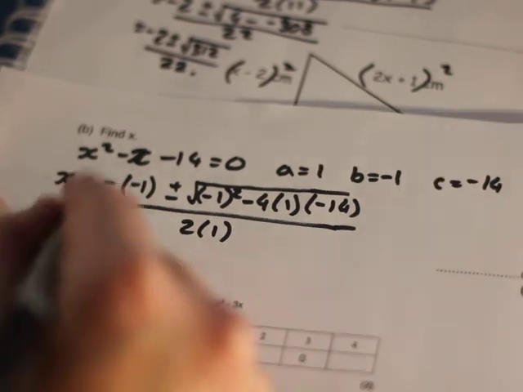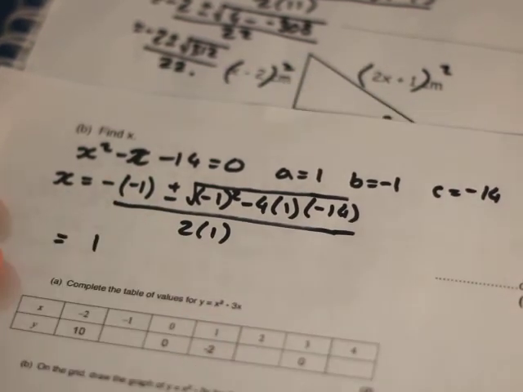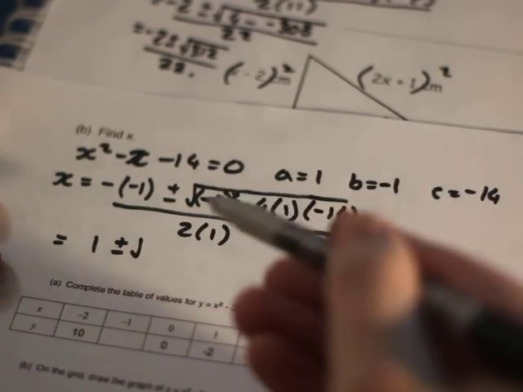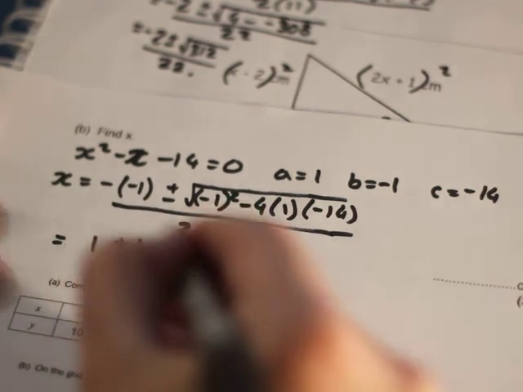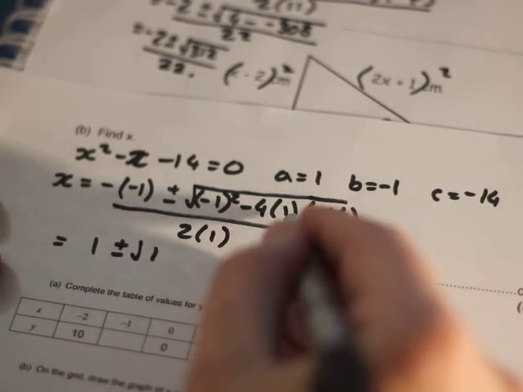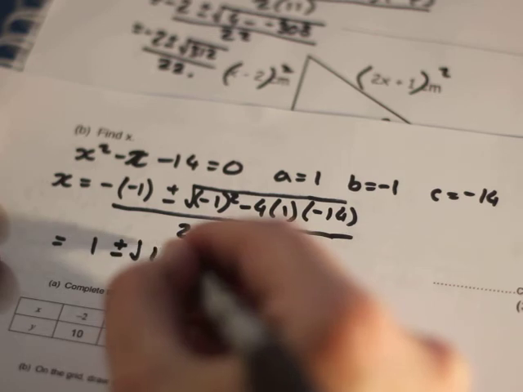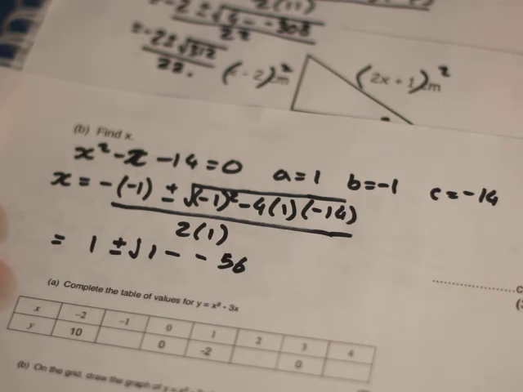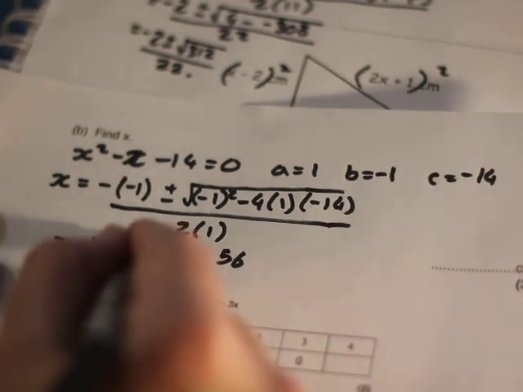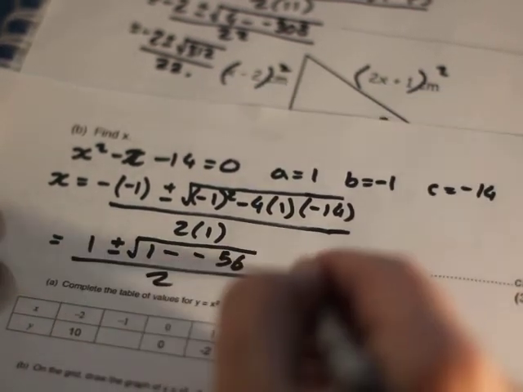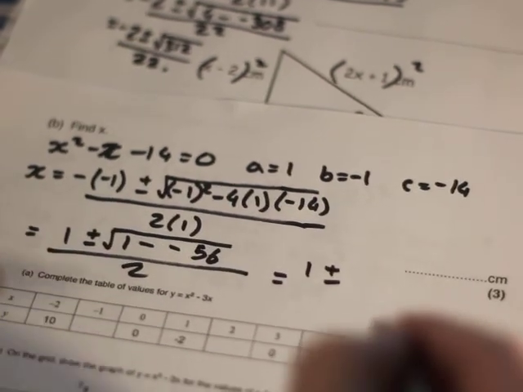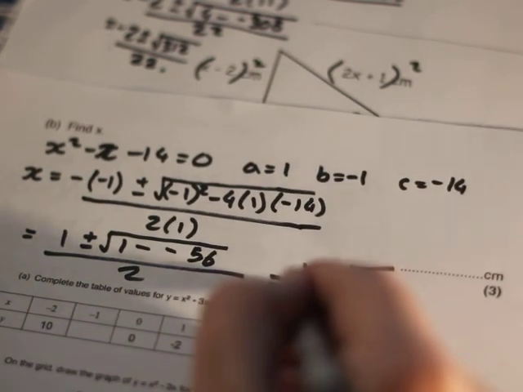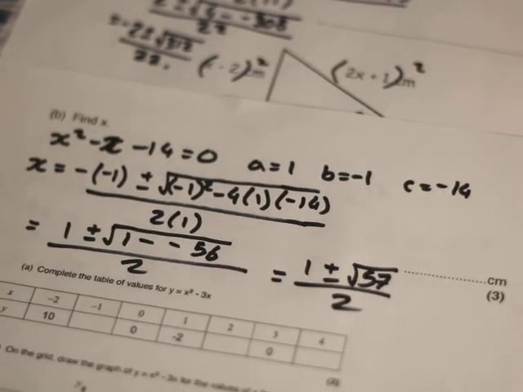So this is negative 1, that's 1, plus or minus the square root of, so this negative 1 squared is 1, 4 times 1 is 4 times negative 14, so it's going to be take away negative 56, all over 2. So 1 plus or minus square root of 57, remember it's take away a negative, all over 2, and you can work out the values of them.